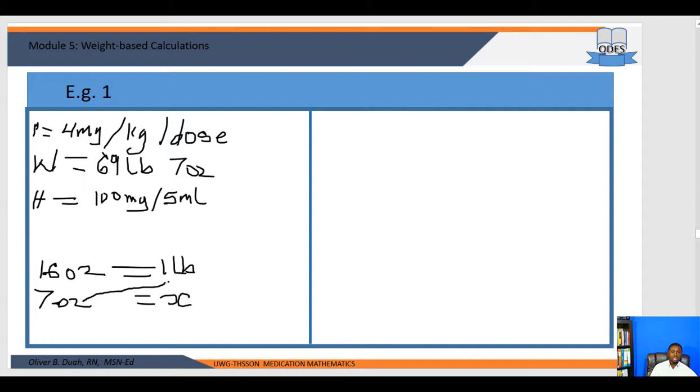Let's do our cross multiplication, and so we are going to have 16 ounces times x equals to 7 ounces times 1 pound.